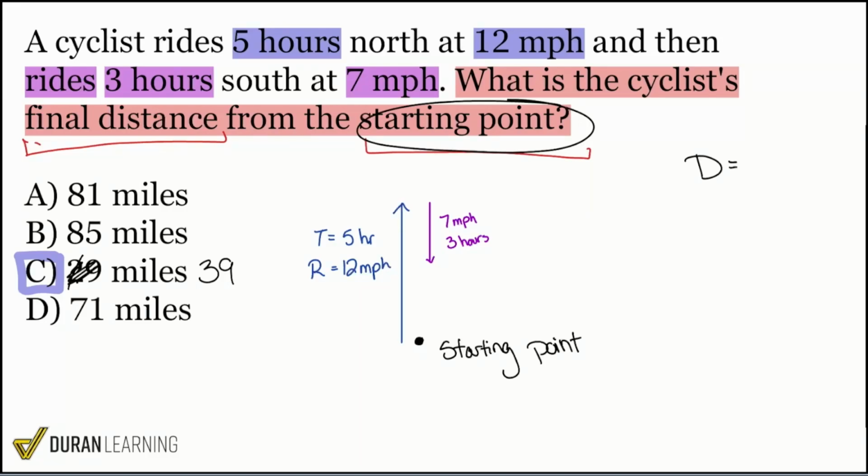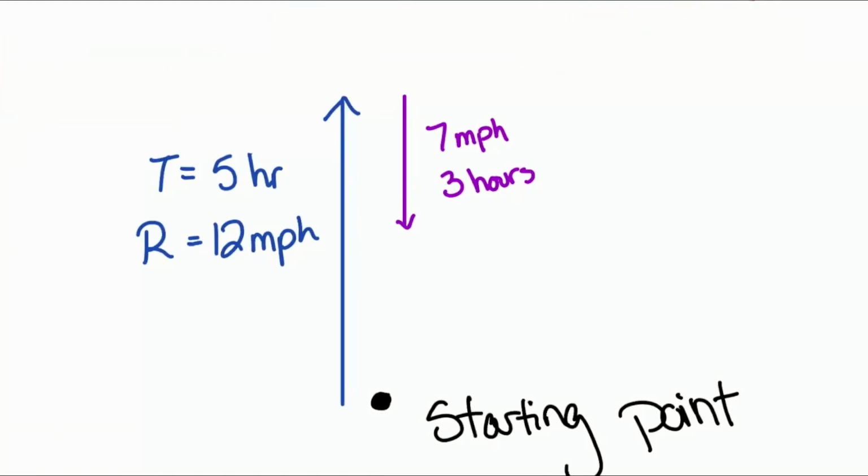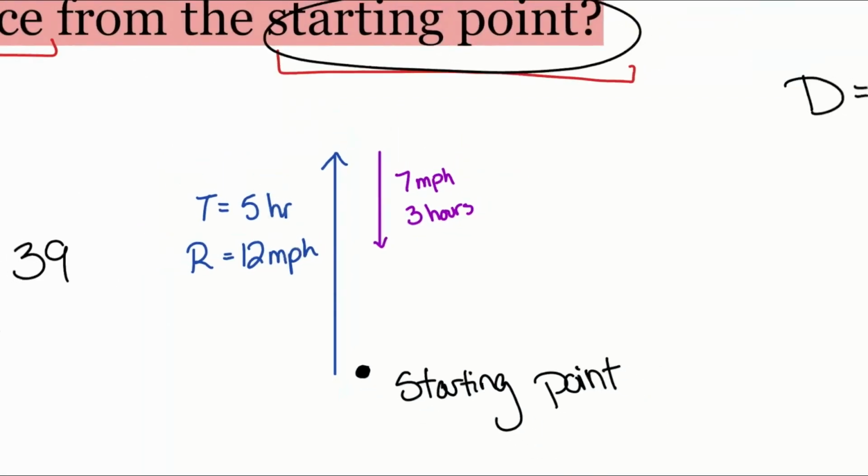Because if we were adding, that means that we were looking for the total distance. That means that we were looking for the blue plus the purple. But what we're actually trying to do is find the blue minus the purple. We're trying to find the distance from here back to the starting point. And that means we need to eliminate that right there.